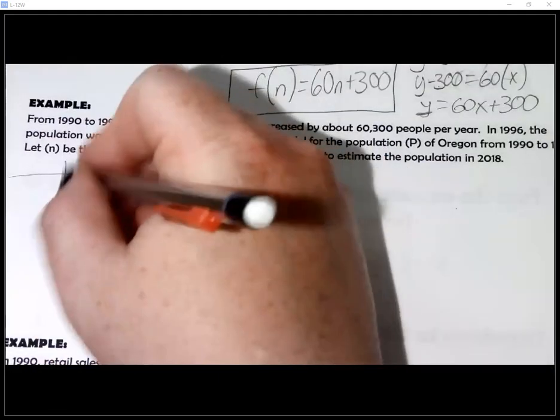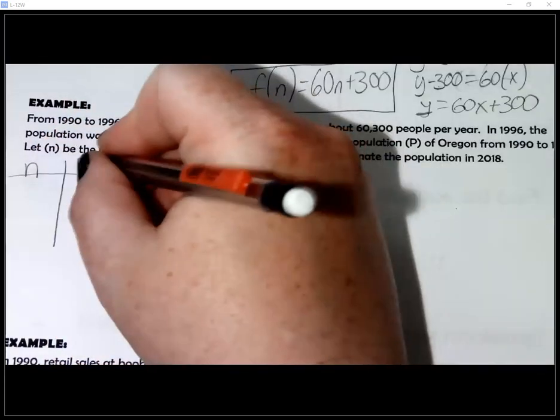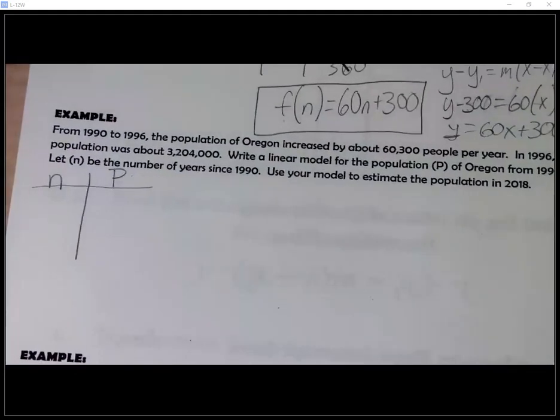So that means N will go in for X and P will go in for Y.